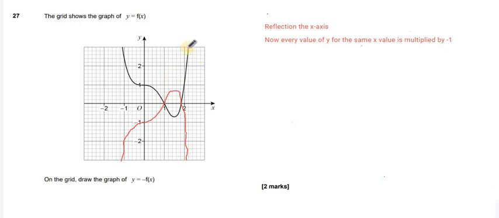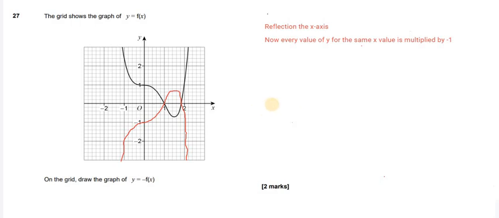Same thing here. The value of x here, that gives you a y value of 3, the same x value here would give you a value of minus 3 as well. And if you do that for every single point, you would get a quality shape, not this rickety shape I've got here, that looks exactly like that, but reflected in the x-axis.